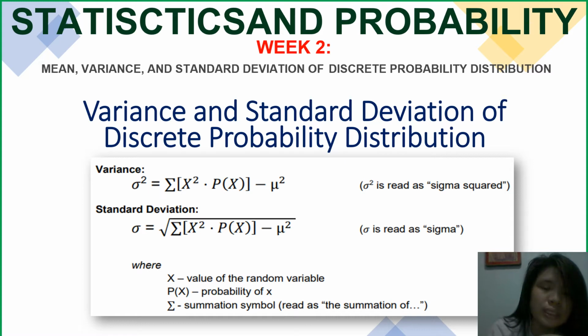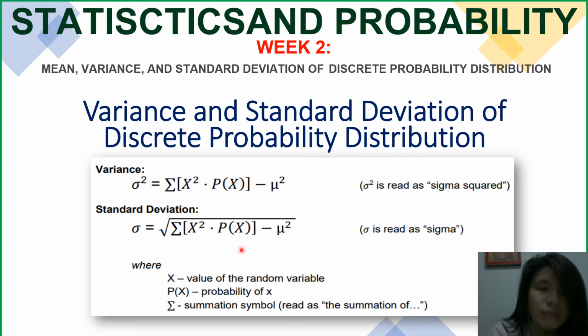Nabanggit ko na sa first slide yung formula for variance and standard deviation. Ulitin na lang natin. For variance, we have the formula sigma squared is equal to the summation of x squared multiplied by p of x minus mu squared, while standard deviation is the square root of the formula of variance.